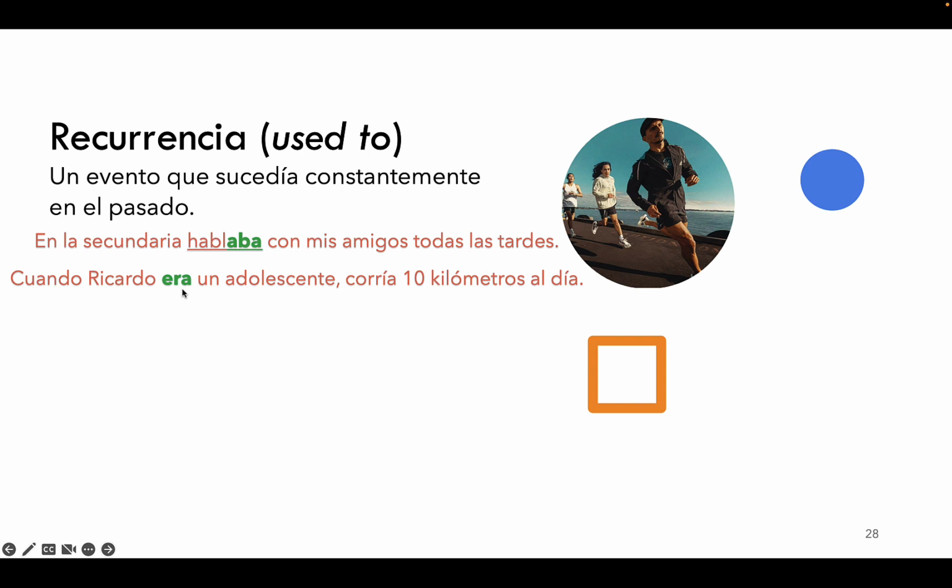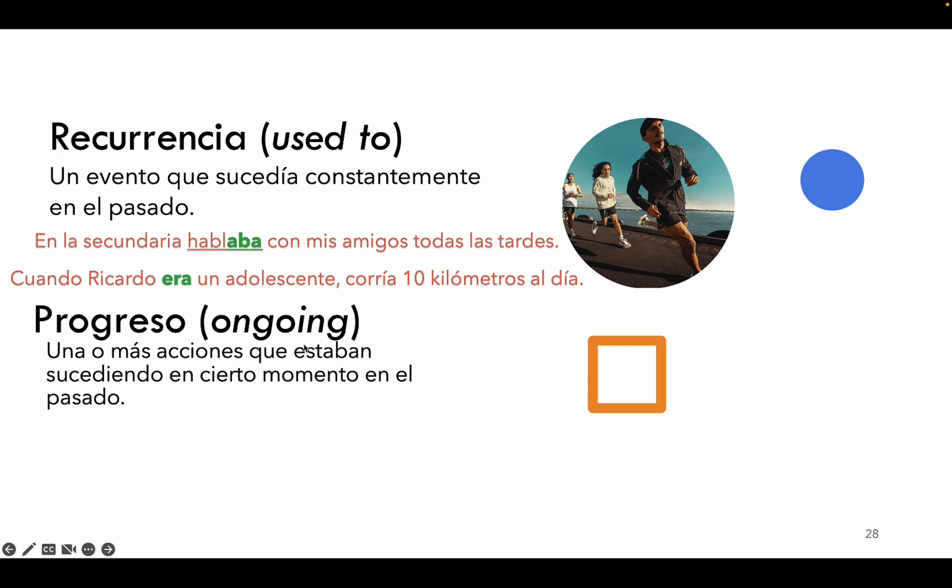But that's very common, obviously, in Spanish. So we're going to see it very constantly. Okay, so this would also imply that he no longer runs 10 kilometers a day. En el punto 2, progreso, es decir, an action that was ongoing, también va a corresponder con el imperfecto.